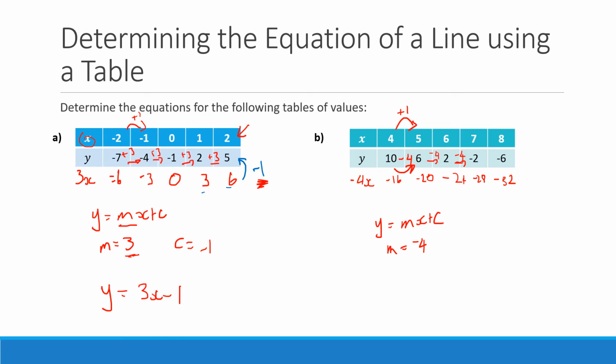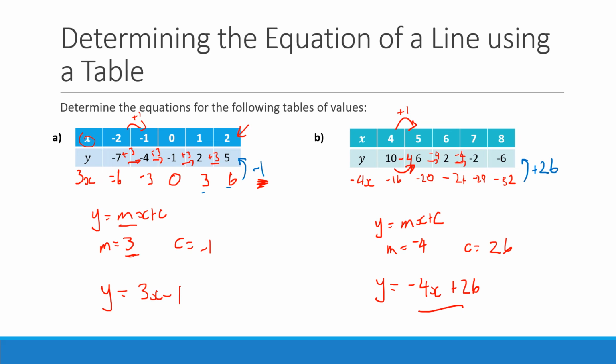Having a quick look at this one, if I add 26 to all of these numbers, I'll get the numbers above. -16 plus 26 is 10, -20 plus 26 is 6, and so on. So my c value is 26, and y equals -4x plus 26 is my rule for that table.